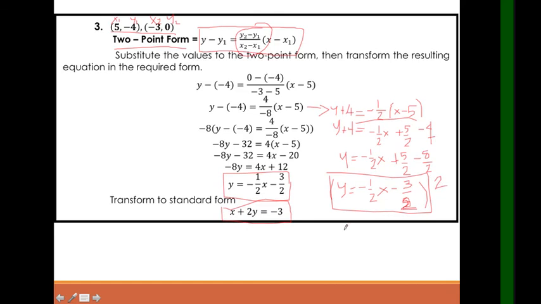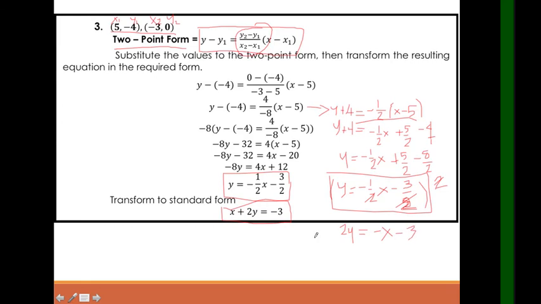So, 2 times y is 2y equals, so this one, pwede na natin i-cancel. I-cancel natin yung 2 na. Kasi 2 divide 2 is 1 and 2 divide 2 is 1. So, magiging negative x minus 3.